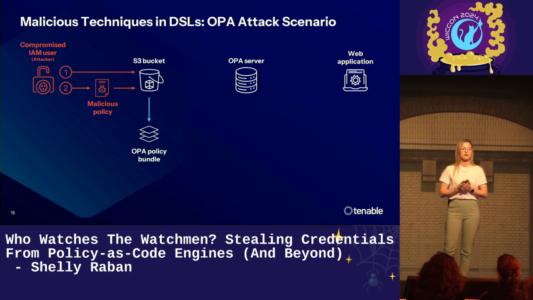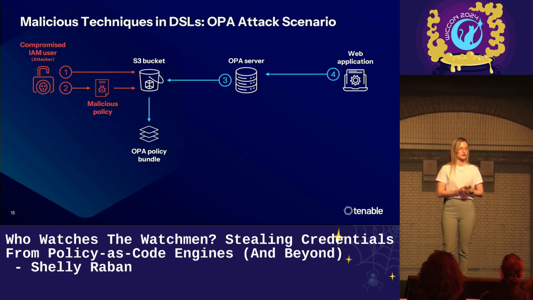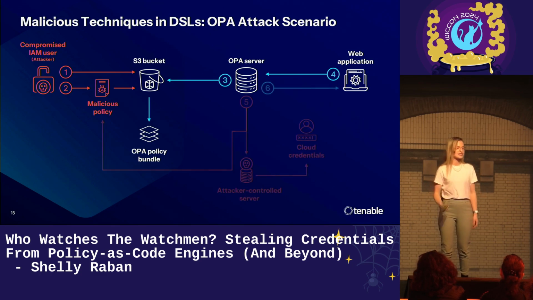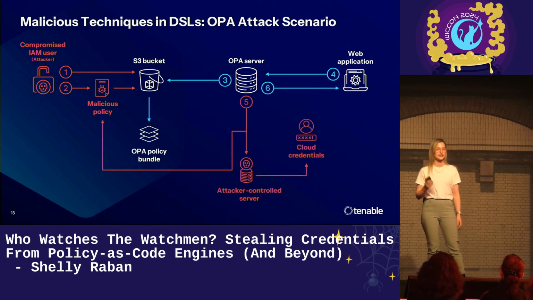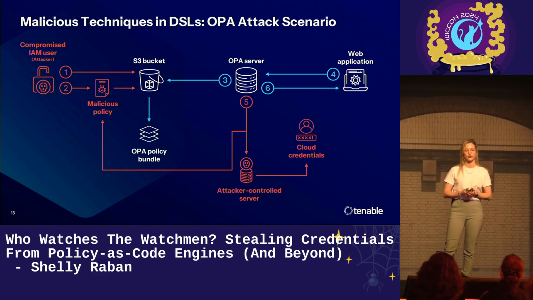The attacker uploads a malicious policy to the bucket, and OPA fetches the updated policies. The next time the web application triggers an authorization request to OPA, OPA performs the policy evaluation, and that's where bad things happen, because this time the malicious policy runs as well, and it may leak cloud credentials to an attacker-controlled server.